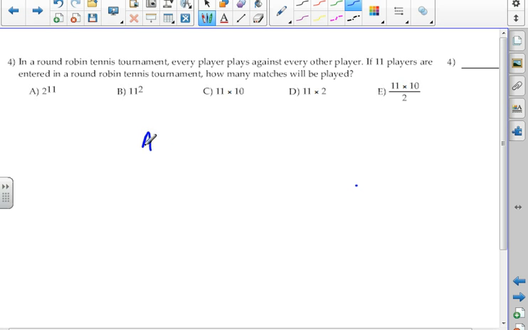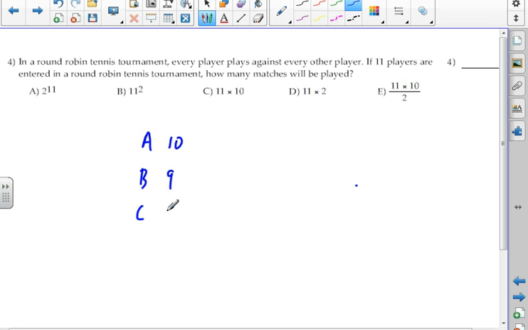so A has to play everybody, right? And then B has to play everybody but A. And then C has to play everybody but A and B. So A, that'd be 10. A has to play 10 times. B has to play 9 times.